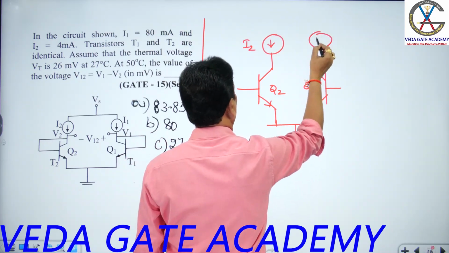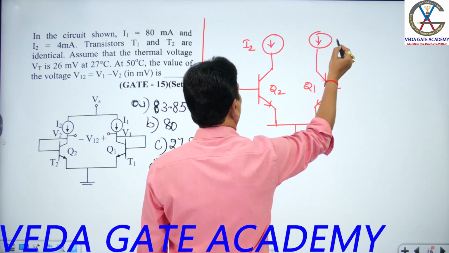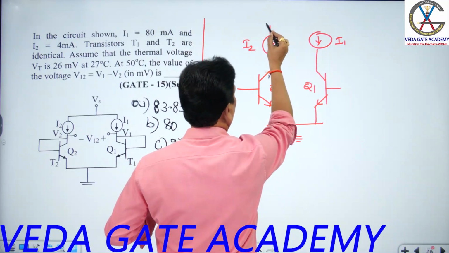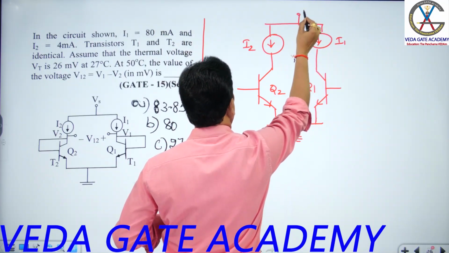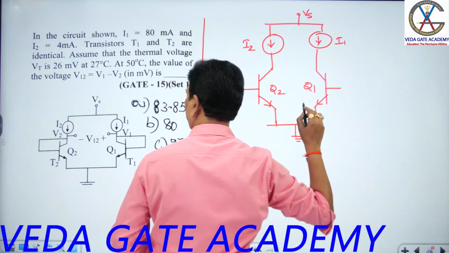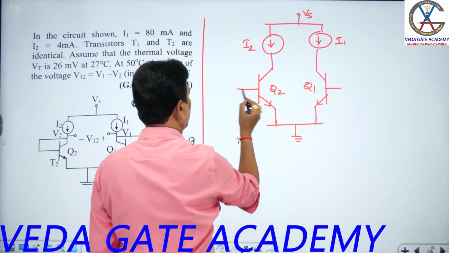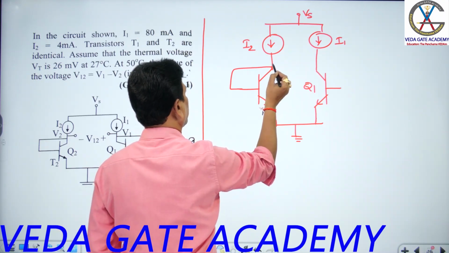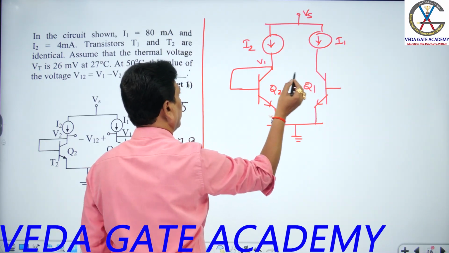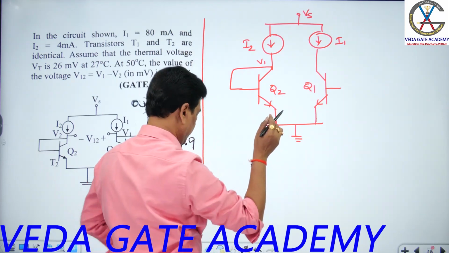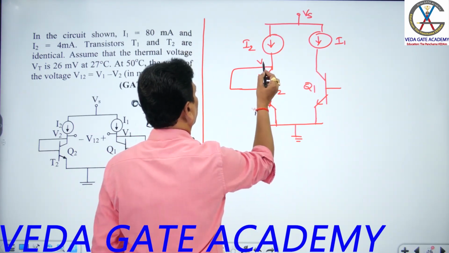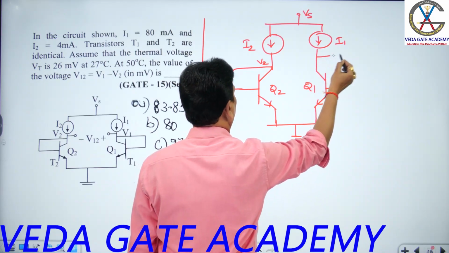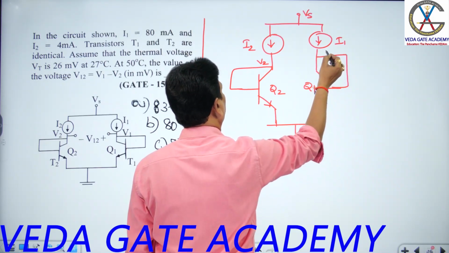This one is connected to the current source of I1. Understood, students? So both are driven by a common supply, Vs. Got it? So for each transistor, collector to base terminals are shorted. That is called V1 here. Here, sir, it is V2.